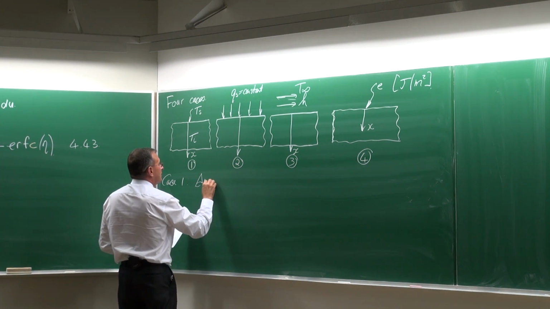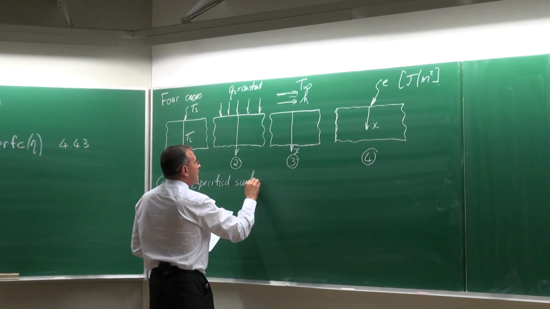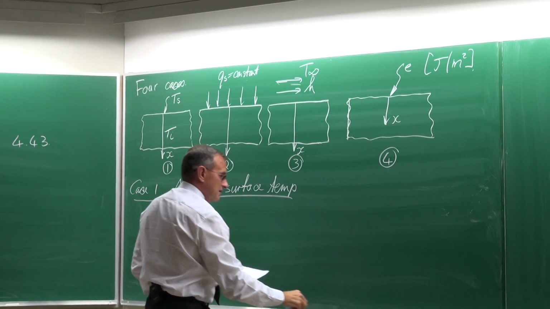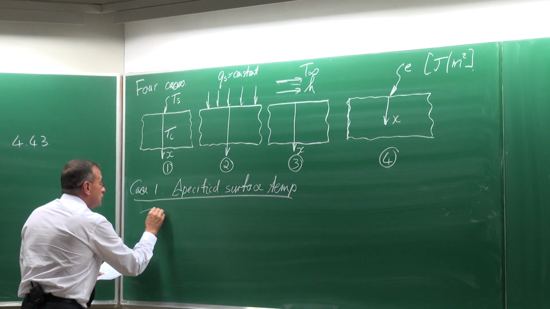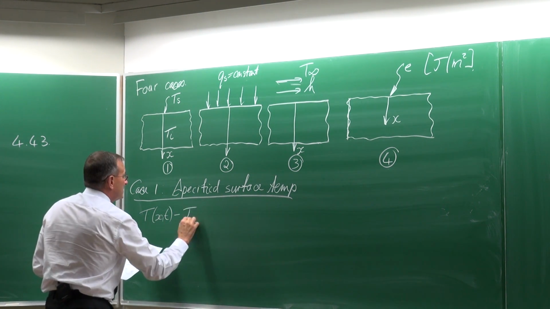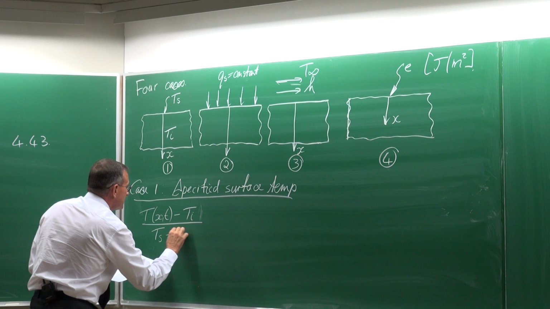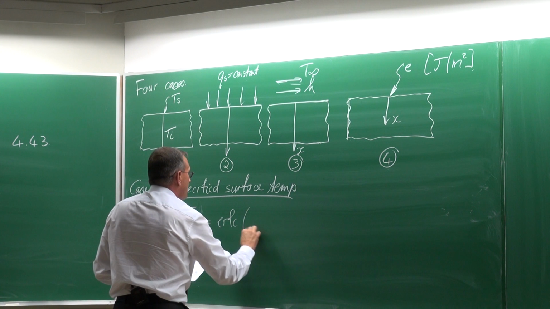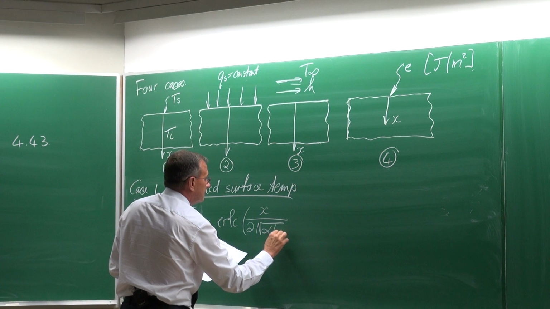A specified surface temperature. So for a specified surface temperature, the temperature at any point x minus Ti divided by Ts minus Ti is equal to the complementary error function of x divided by 2 times the square root of alpha t.